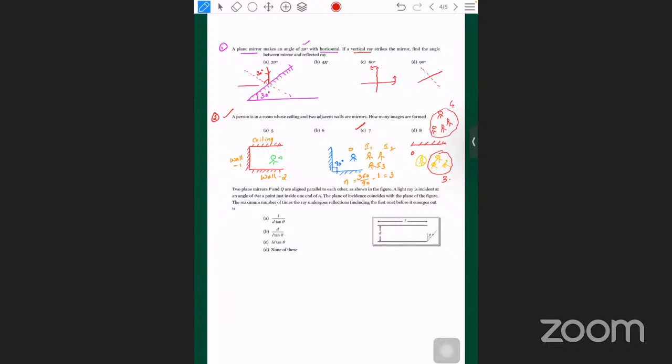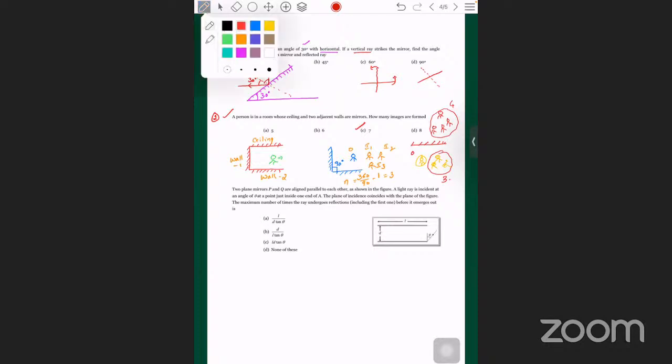Then this is the reflected ray. This angle is also equal to 30 degrees. Yes, sir. Because the angle of incidence is equal to the angle of reflection. So this is also 30 degrees.